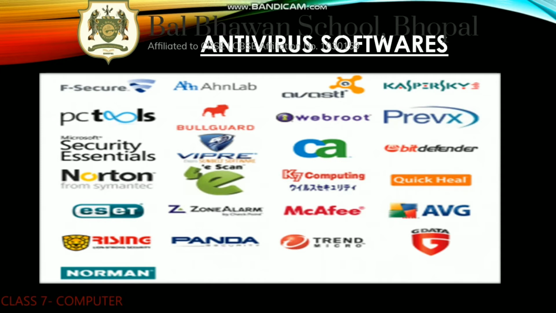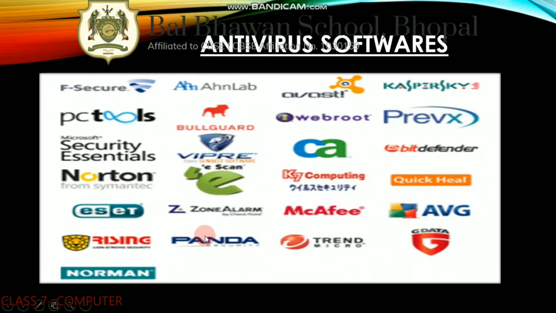Next, there are so many antivirus softwares available in the market which you can install in your computers to save your computer system from the attack of viruses. Like we have F-Secure, McAfee, the most famous Quick Heal antivirus software, Norton, Avast, and Panda also.